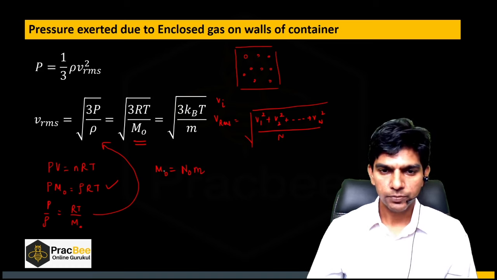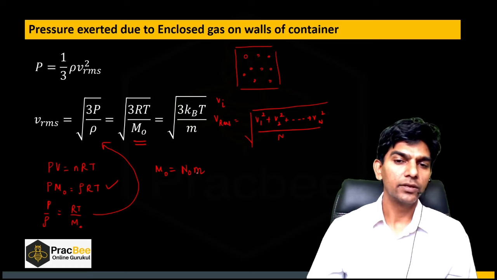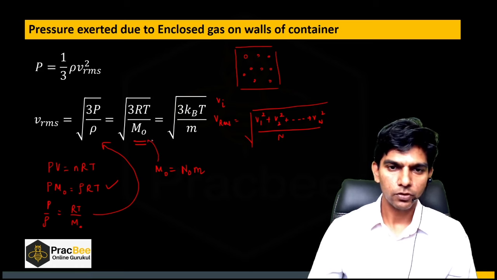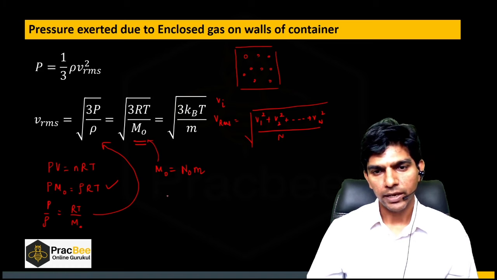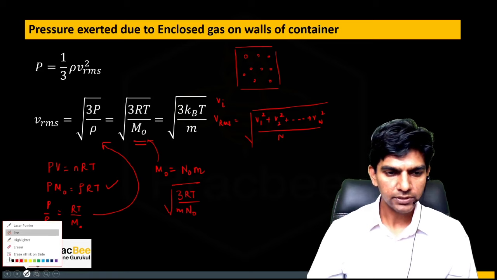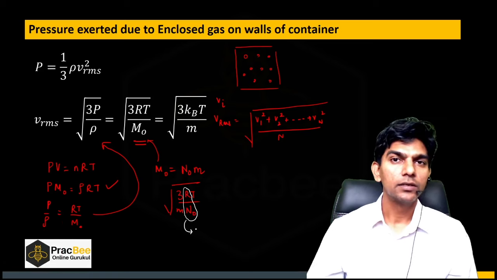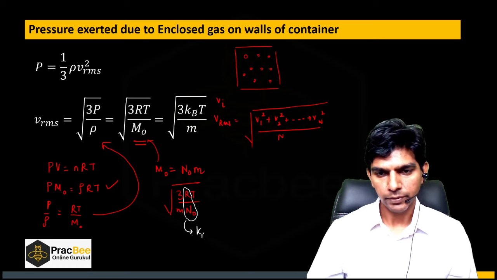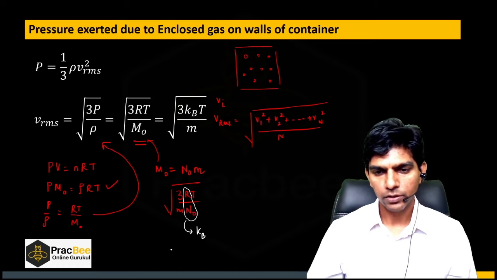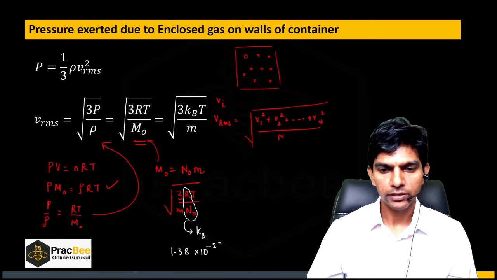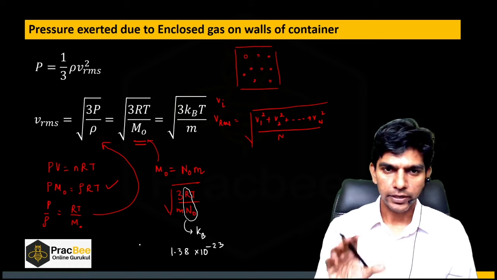If I substitute m naught as n naught times m in this formula, I will get root of 3RT upon small m times n naught. Now this small m times n naught quantity is known as Boltzmann's constant, Kb. And we know the value of Kb: it is 1.38 into 10 raised to minus 23 in SI units. So I hope this formula is clear.